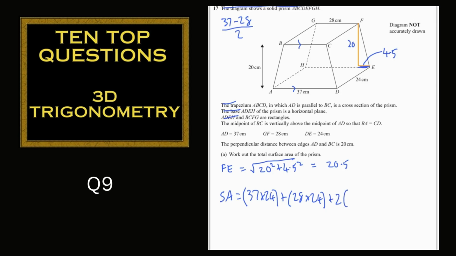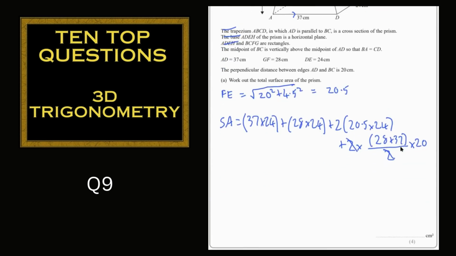And you've got two lots of the right hand side, which is the 20.5 we've found times by the 24, and we've also got the two trapeziums. Let's do the trapezium at the front for the example. Two lots of. How do we find the area of a trapezium? We add together the parallel sides and halve it, so they'll just cancel, multiplied by the vertical distance between them. That's our 20. And we're there.